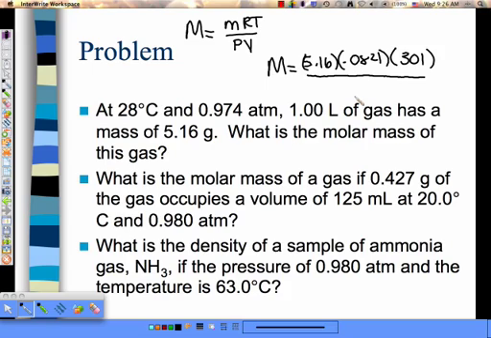So we have to use Kelvin, liters, and ATM. When you use R, you can't use milliliters. We have to use liters. So our pressure is 0.974, and our volume is 1. What's our molar mass?